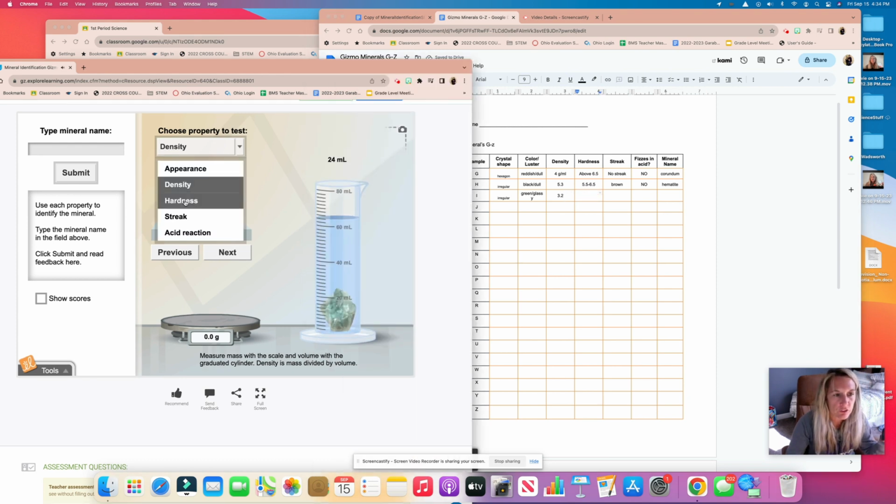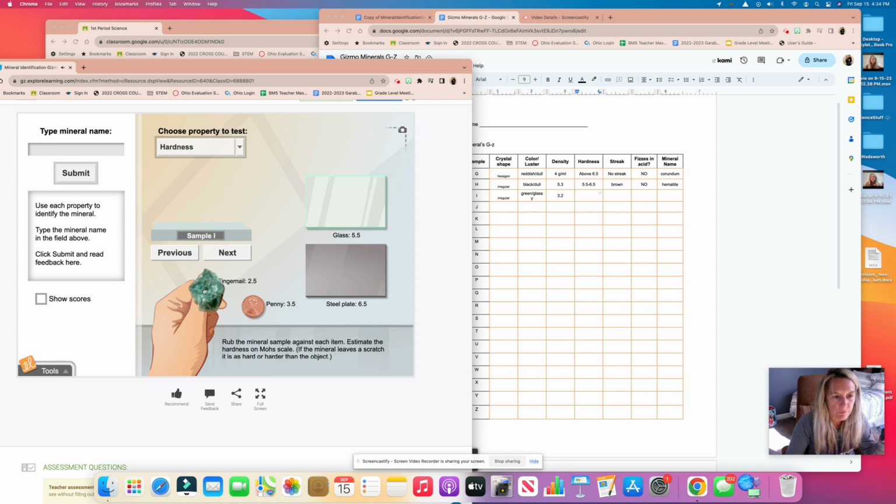All right, so let's check the hardness now. Scratches a fingernail, so it's got to be harder than the fingernail. Scratches a penny, it's got to be harder than a penny. But does not scratch the glass. So for this one, it has to be between 3.5 and 5.5.